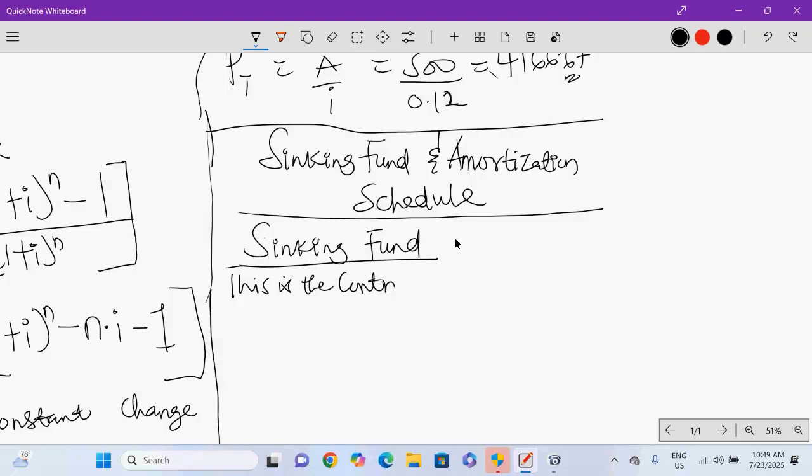A sinking fund is a contribution. It's like you making a contribution of equal amount. Like the example that I gave, the sinking fund is like the susu that I talked about earlier, when you are contributing some amount into the susu box, right? That is the sinking fund.